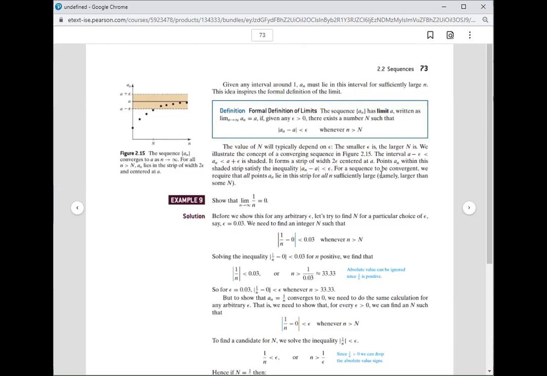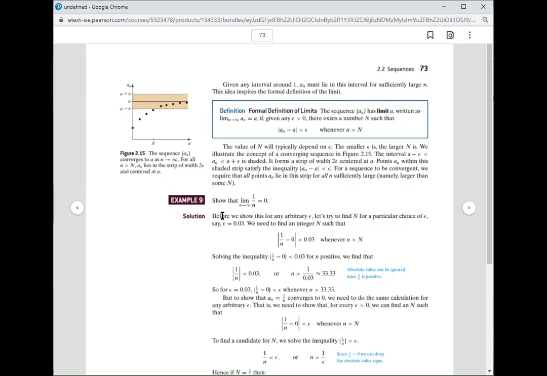So for the sequence to be convergent, we require that all points a n lie in this strip for all n sufficiently large, namely larger than some natural number or positive integer N.